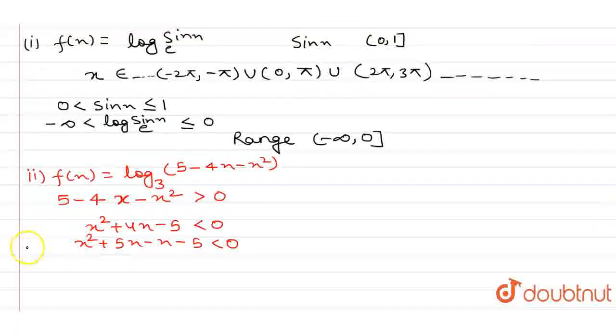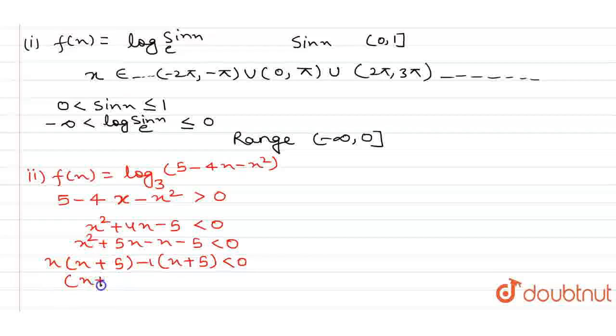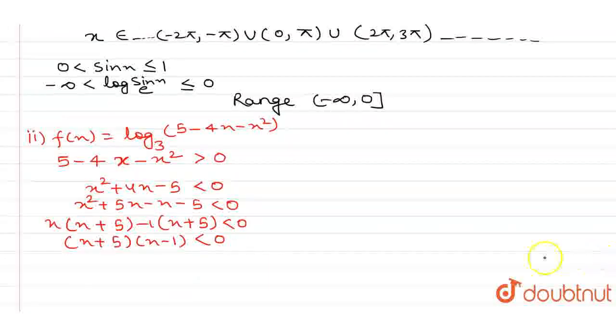I can also write it as x into (x plus 5) minus 1 into (x plus 5) less than 0. Here I can write (x plus 5) into (x minus 1) is less than 0. So the value of x that is possible is in between minus 5 < x < 1. So this is the domain of our function.